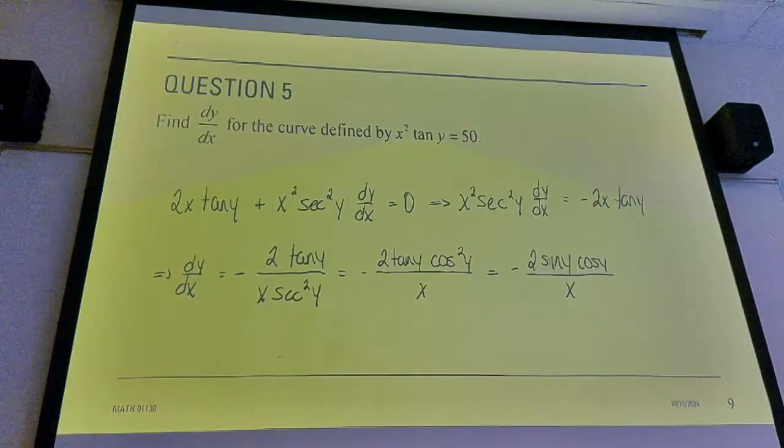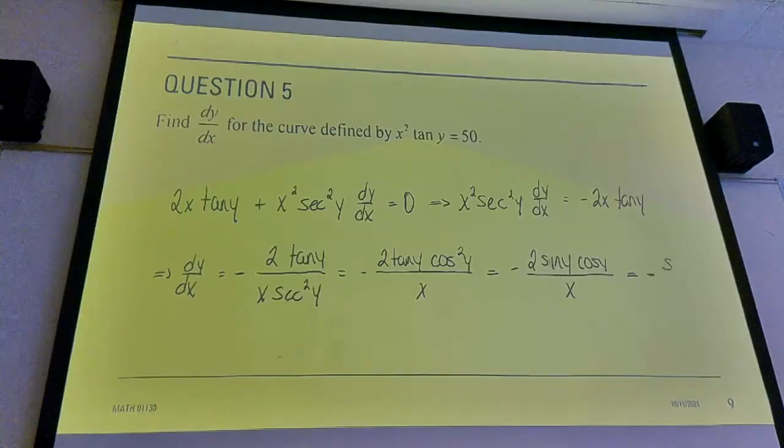But I said I can write that as a single trig function. Sine 2y.